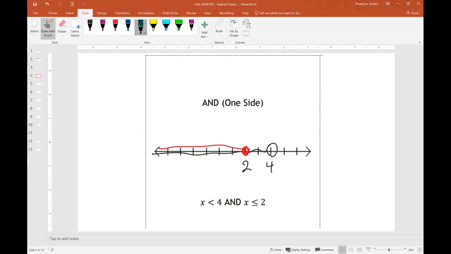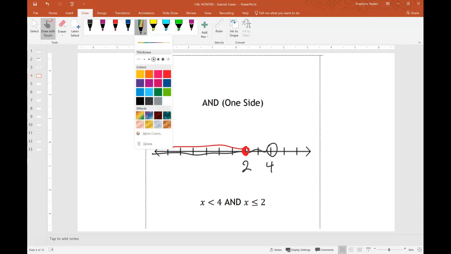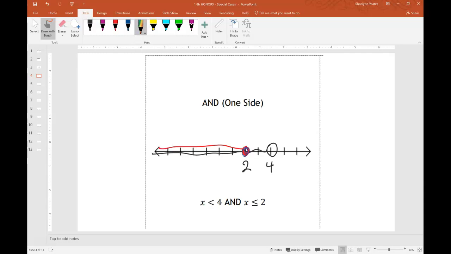They overlap, we'll use the rainbow pen, from 2 to the left. So technically this would just end up being x is less than or equal to 2. And our interval notation would be from negative infinity to 2 with a bracket.